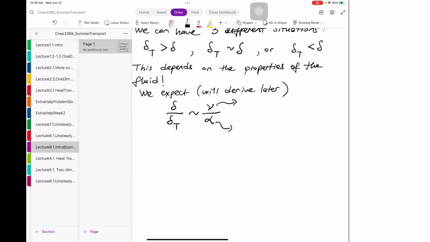We know the alpha, right? The alpha is thermal diffusivity, and as you know, it's K over rho Cp, and it relates to how fast the temperature effects diffuse deeper into the material. Remember the infinite wall example?